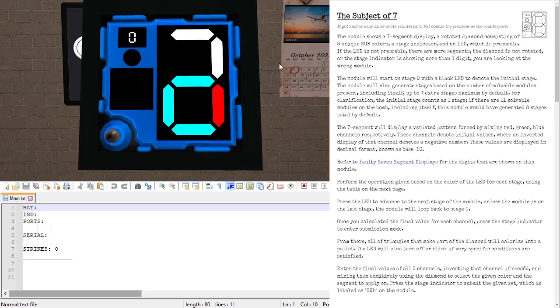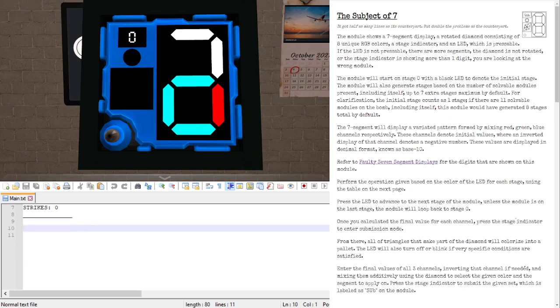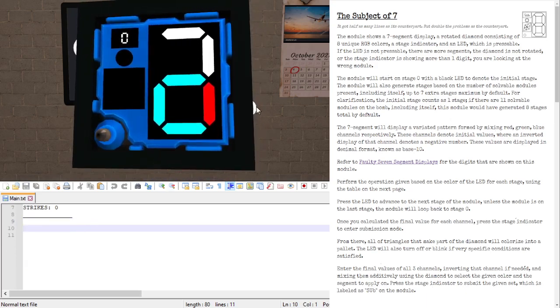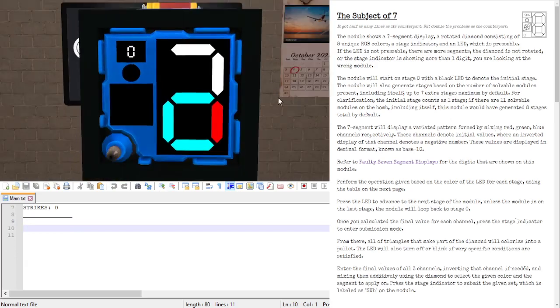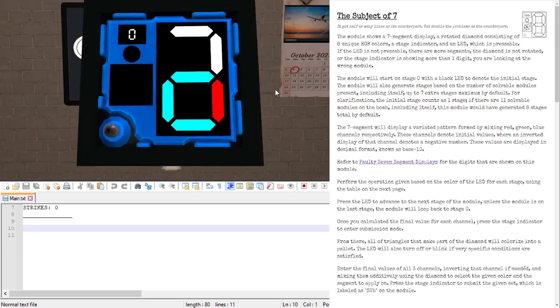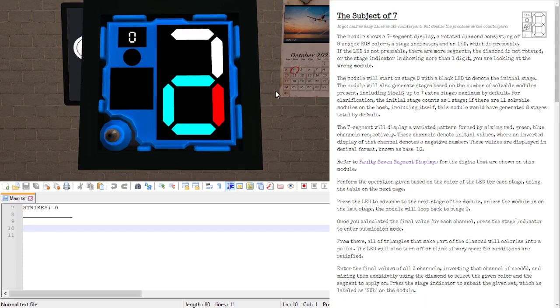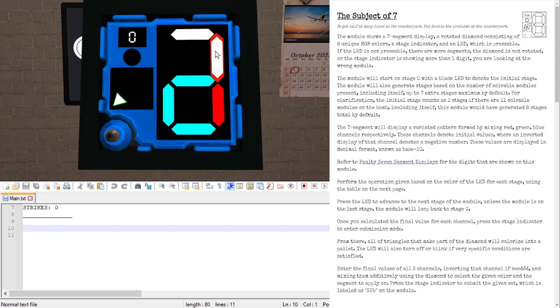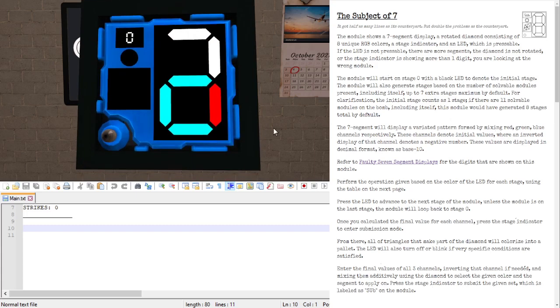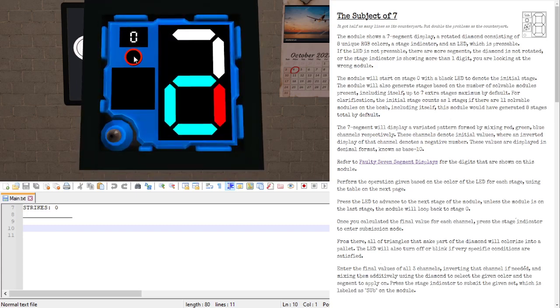So what do you do in the 7 module? Well, you don't really need any edgework, so we can jump right into that. The defuser has, in my opinion, a more responsible, or at least harder job. They need to read all the red digits, green digits, and blue digits for each stage, plus the color of the LED.